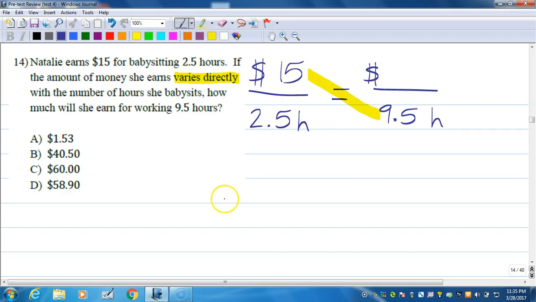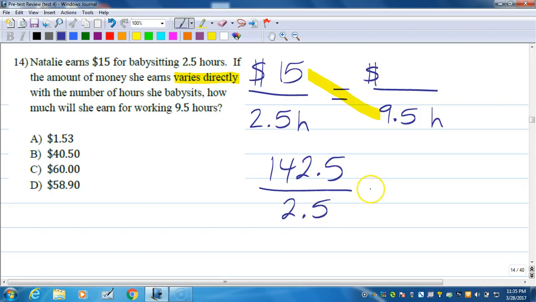And then you divide by 2.5 when you're done. 15 times 9.5 is 142.5. Then you divide that by 2.5, the number left over. Divide by the number on the bottom, 2.5. And that is $57. You're like, well, what? $57 not here. It's because the answer is not there. The answer is $57.